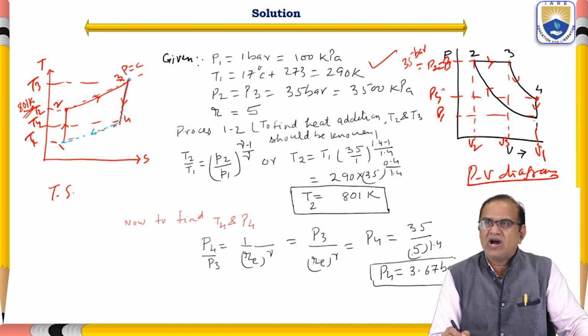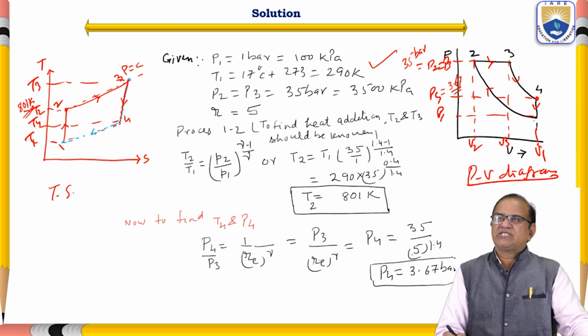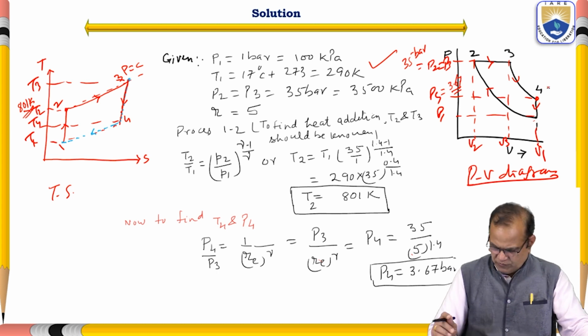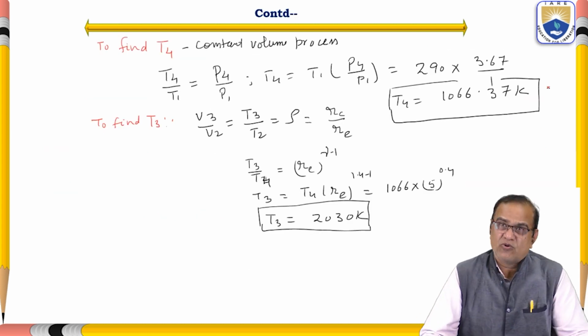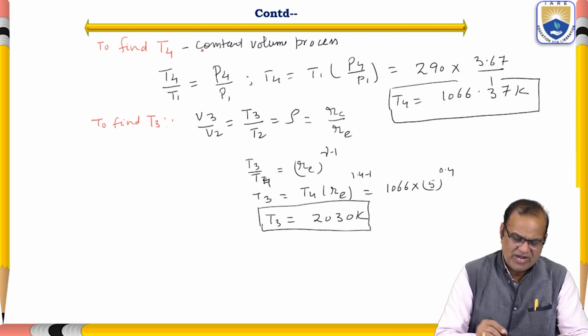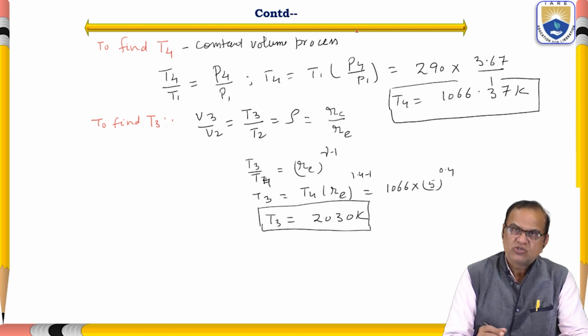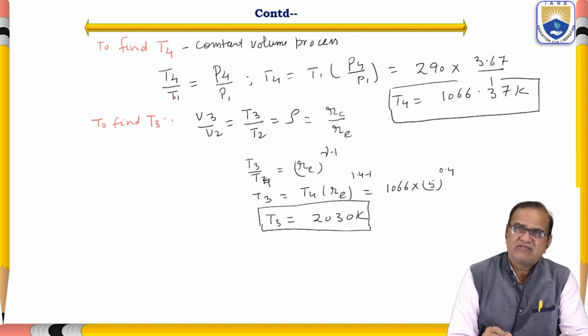So we will get P4 is equal to 3.67 bar. So here you got 3.67 bar. So we got this P4. So now we have to find out the T4 also. So we know that the process to find the T4 is at constant volume. So T4 by T1 is equal to P4 by P1.